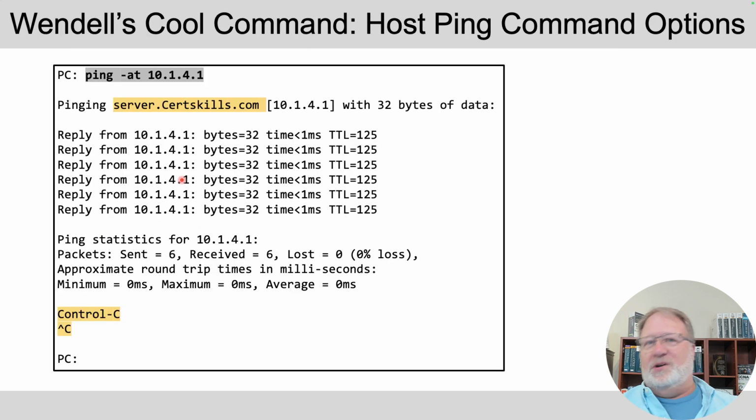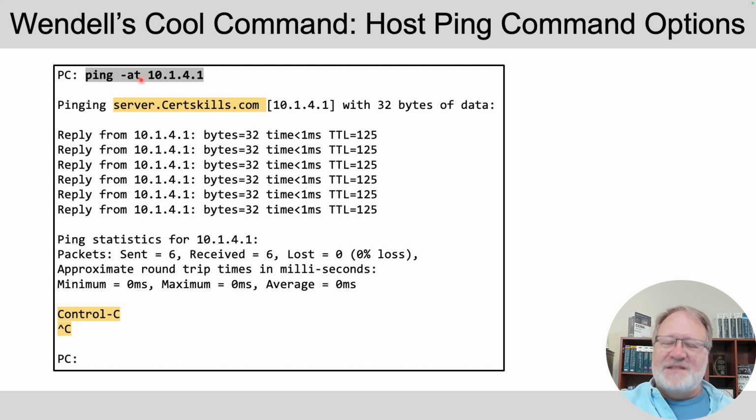And finally, I promised you a cool command, or really options on the ping command. Check this out, ping -a -t with that host B address again, right? So it turns out the -a says to address name resolution. So we took 10.1.4.1 and resolved it to its host name, in this case, server.certskills.com.